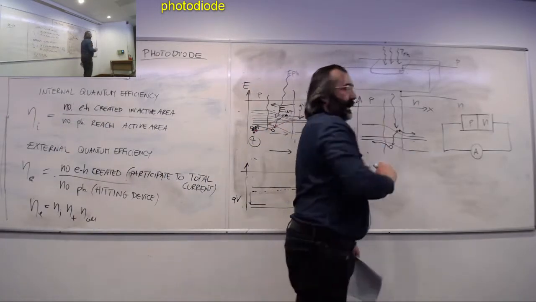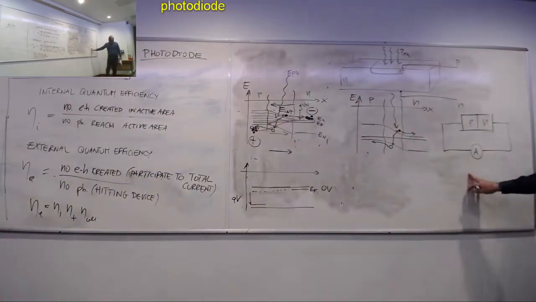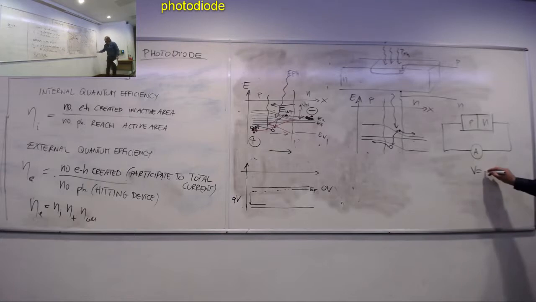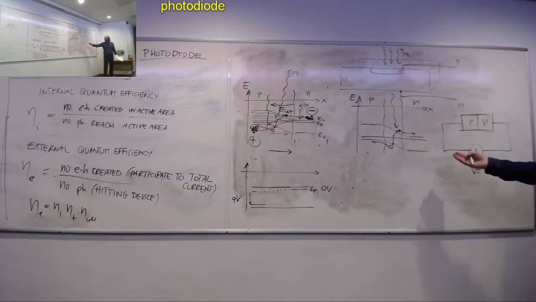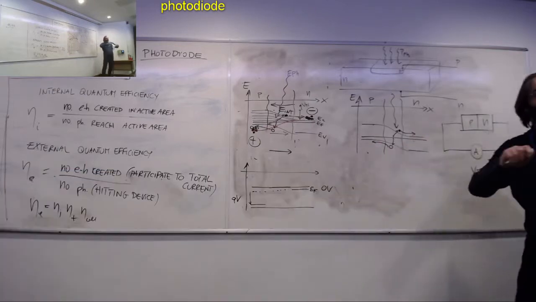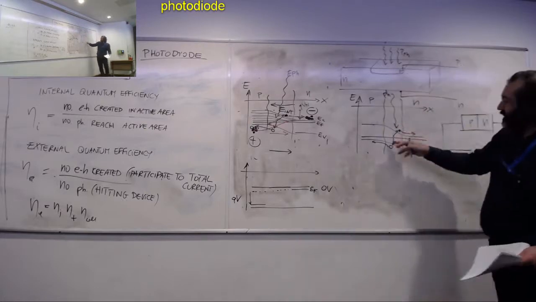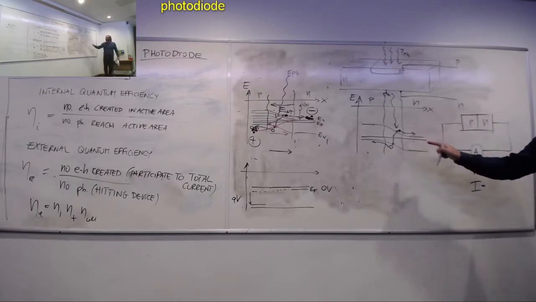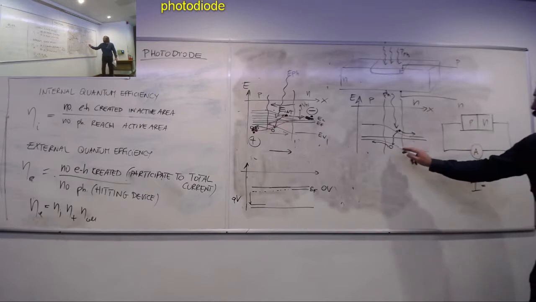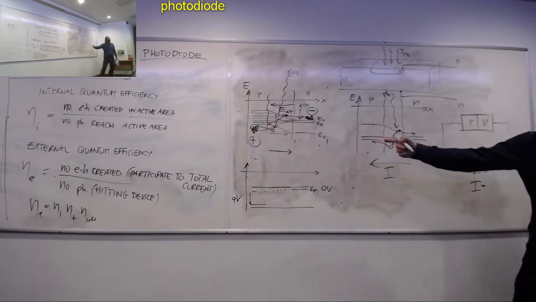In this situation where the junction is short-circuited, the potential obviously is zero, but now there is a current. These are the electrons and holes that are separated due to the photons hitting the depletion region, and they generate a current. Note that the holes are going in this direction, so the current is actually going like that now.